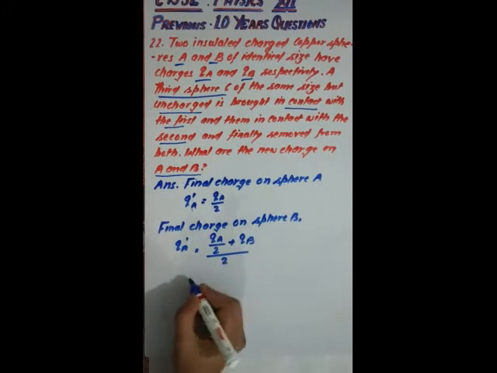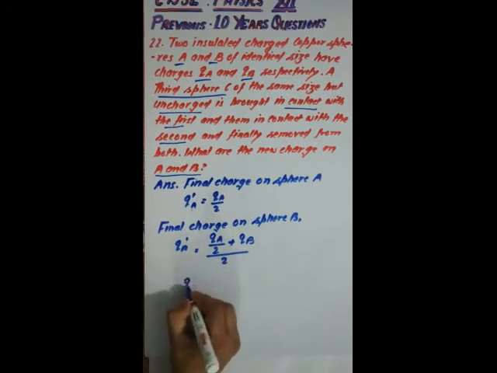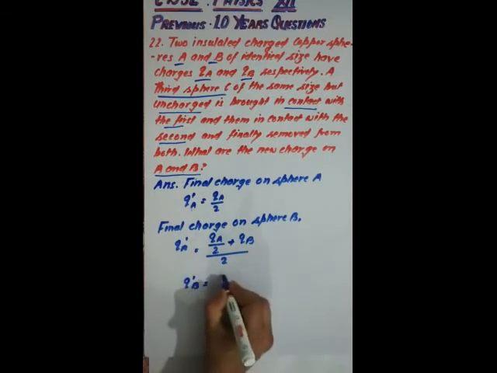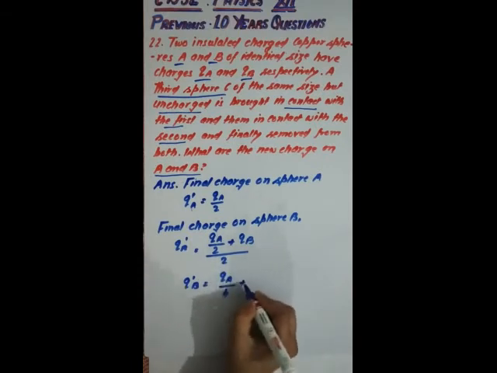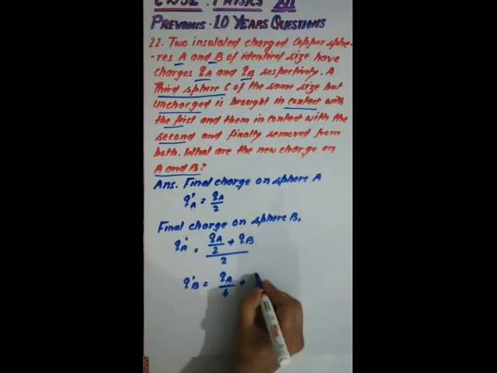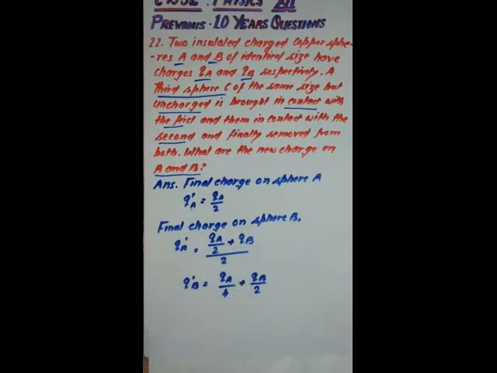When we solve this equation, it will become QA upon 4 plus QB upon 2.